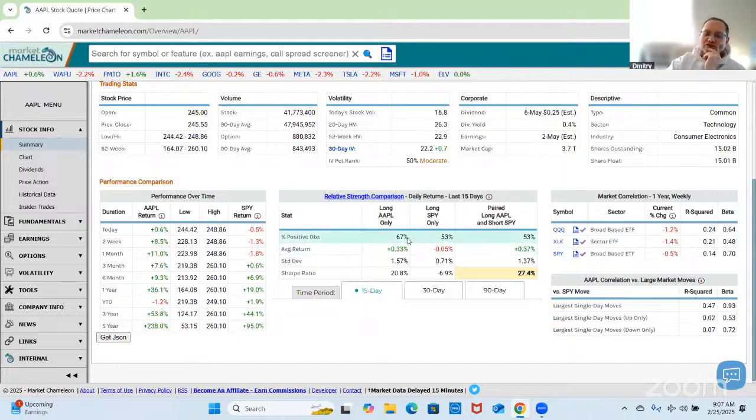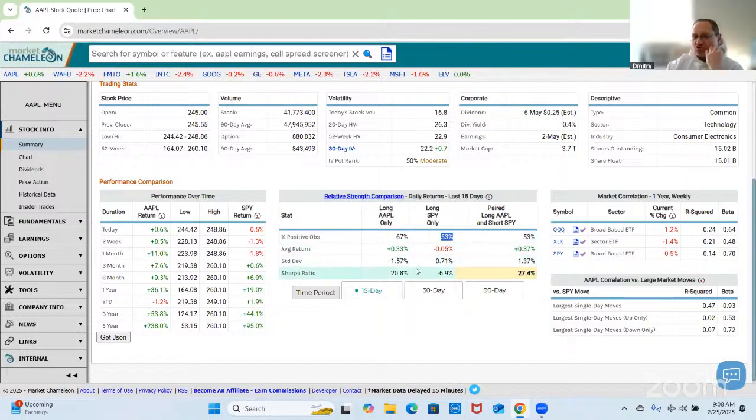If you did that over the last 15 days, then 67% of those days it was profitable. Okay, so the stock went up compared to 53% of the days in SPY. So there were more up days in Apple than in SPY.